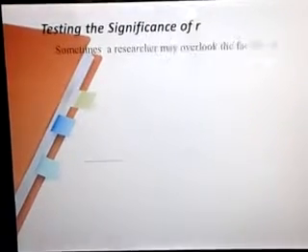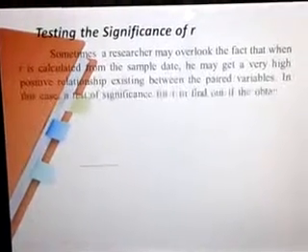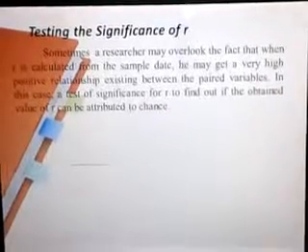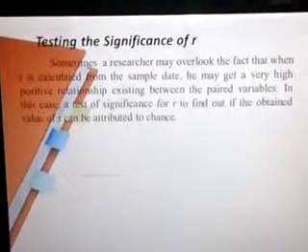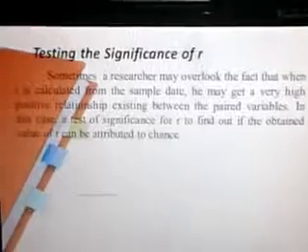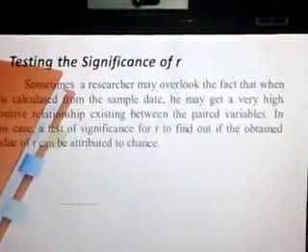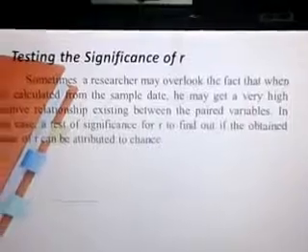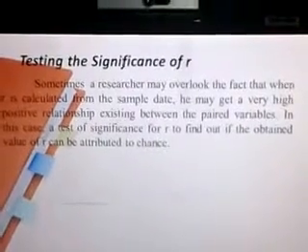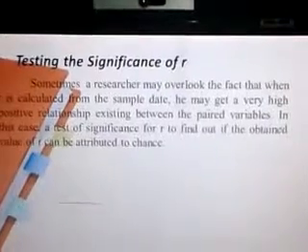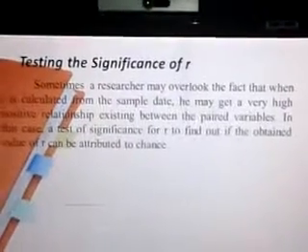So, testing the significance of R. Sometimes a researcher may overlook the fact that when R is calculated from the sample data, we may get a very high positive relationship existing between the paired variables. In this case, a test of significance for R is needed to find out if the obtained value of R can be attributed to chance.